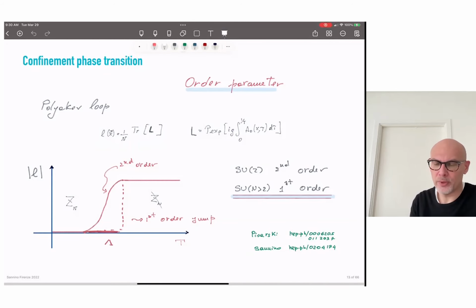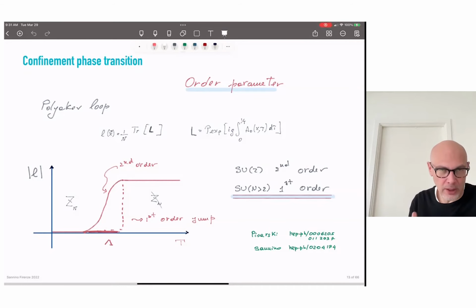Because there was an issue when Rob came up with this. Some people were saying, but it's a very mathematical object. How do I actually see it in real life? And you can show that you can write down an effective action that contains glueballs and Polyakov loops in a coordinated way, where the information of the Polyakov loop gets transferred to the physical degrees of freedom, in this case, the glueballs.